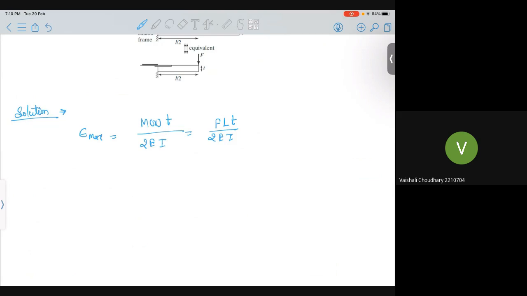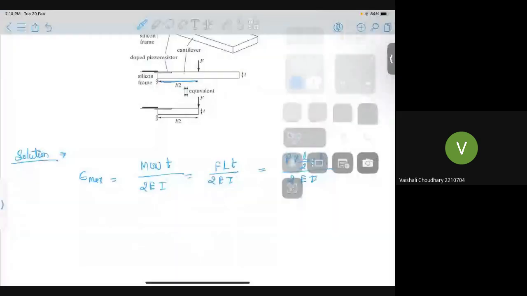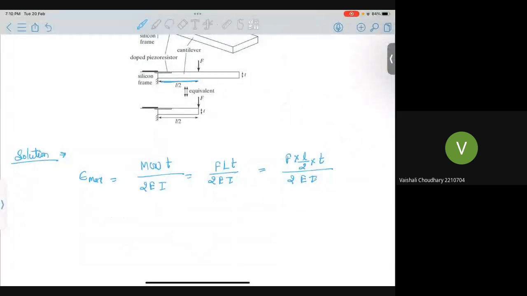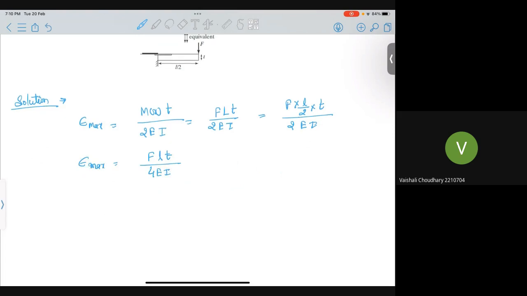So in this question the length is L by 2, or we can write it as F L t by 4EI, where E is Young's modulus of elasticity and I is the moment of inertia, right?